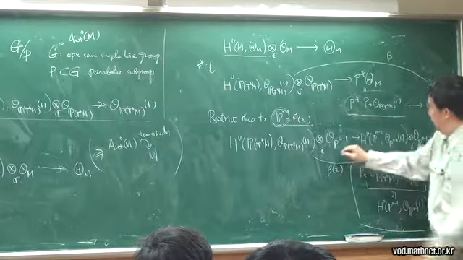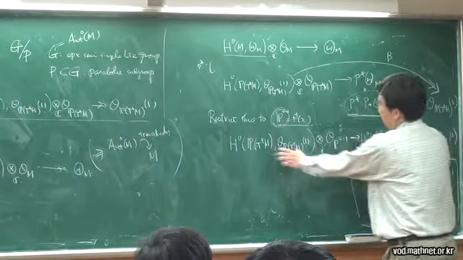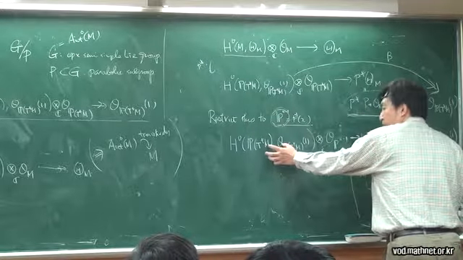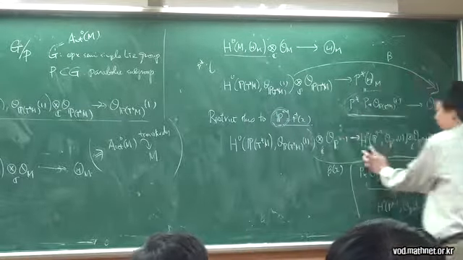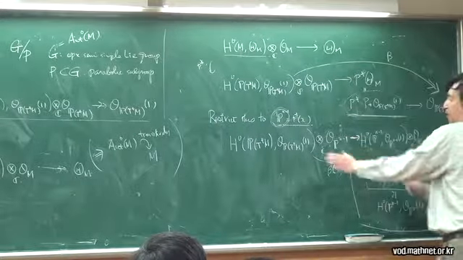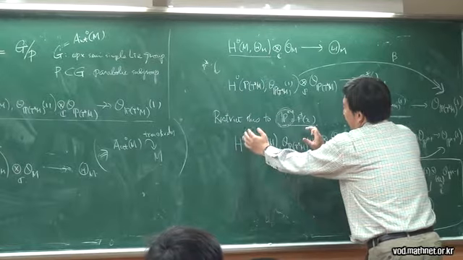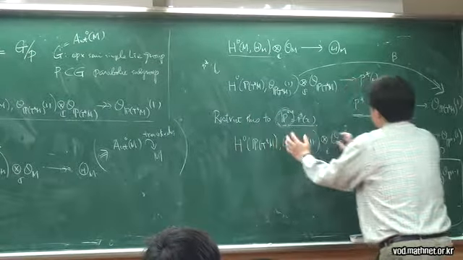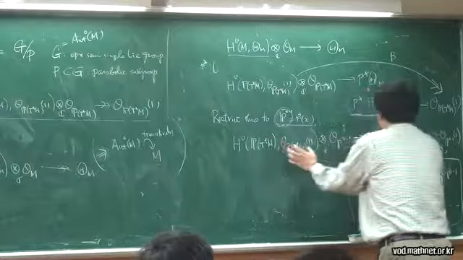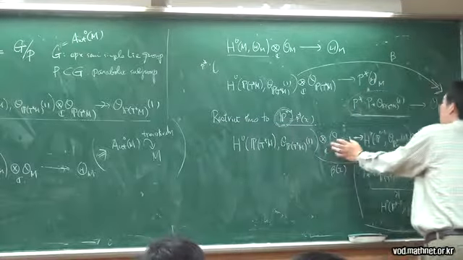But what is this map? You have a global section here. Then if you restrict this global section to Pn minus 1, you get the section here. So this map is induced from the homomorphism, a linear map of vector spaces from here to here.